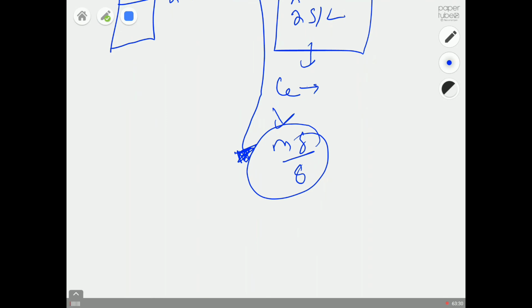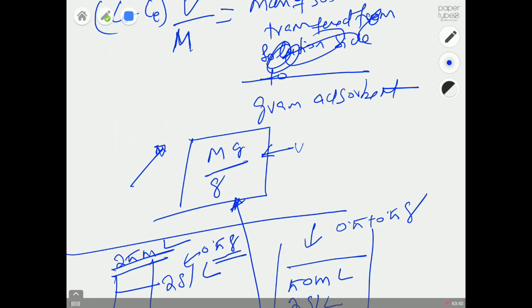So the amount adsorbed, if we express it in terms of milligrams per gram, has no term related to the volume of your solution. In the lab we can calculate this value in milligrams per gram, and if you do this experiment in an industrial scale reactor, say a 10,000 liter reactor, since this unit is independent of your volume, you will get exactly the same answer in milligrams per gram.